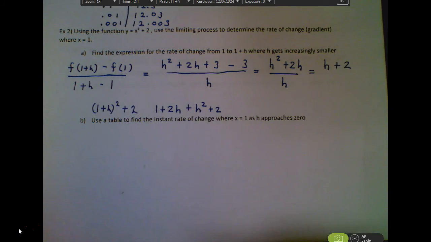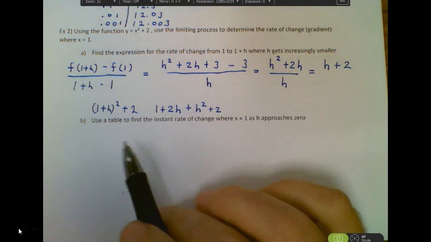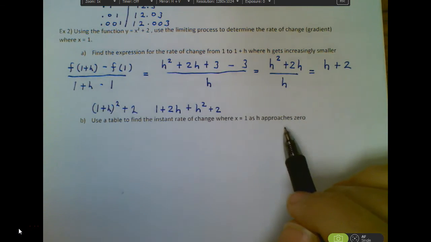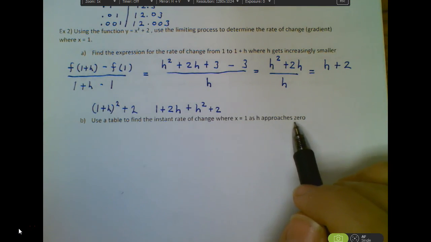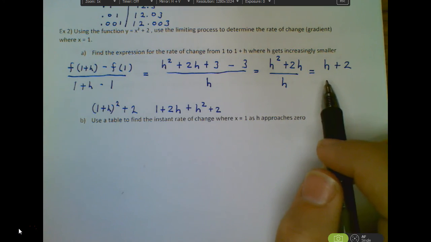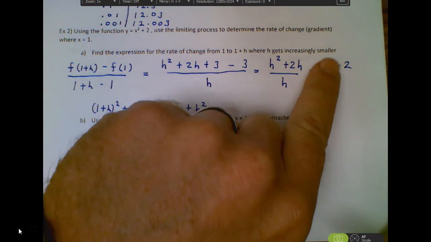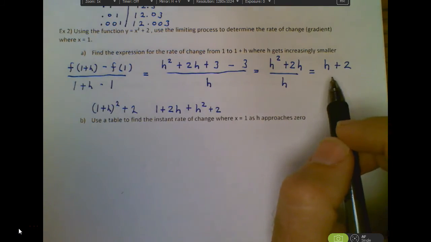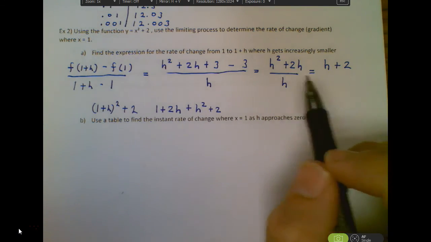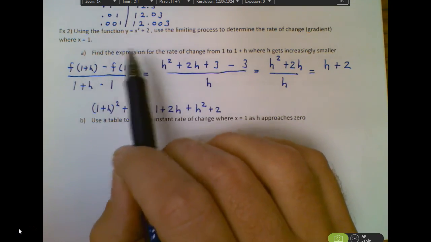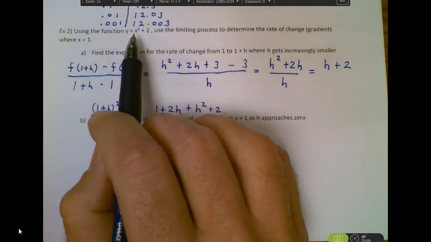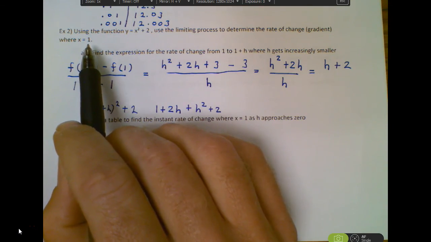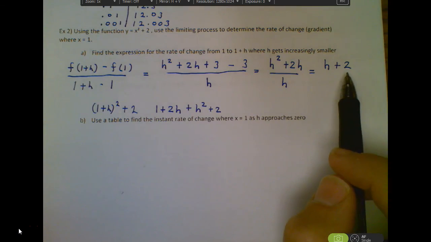So as we set up a table to find the instant rate of change as h approaches 0, remember, we already know what's going to happen here. If h is becoming 0, what would I be left with? Just 2. So I already can tell by this expression that my instant rate of change, or you could say the slope of that curve at this single point, is going to have a slope of 2.